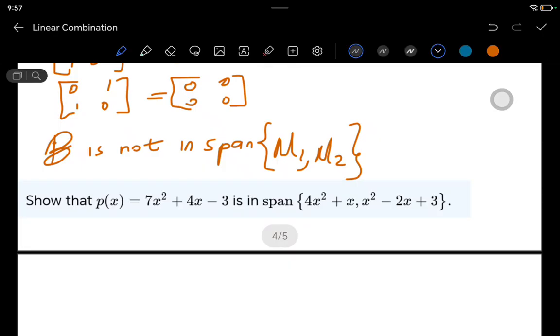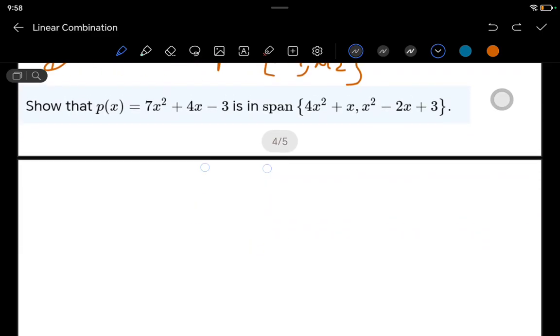Now we can show that if we're given this p(x), let's say show that p(x) equal to 7x squared plus 4x minus 3 is in the span of this. Since we want to show that this one is found within this span, it means that we need to show that this can be written as a linear combination of this.